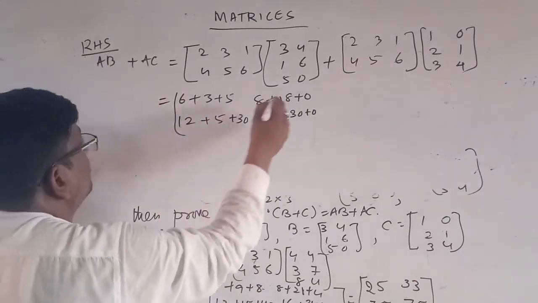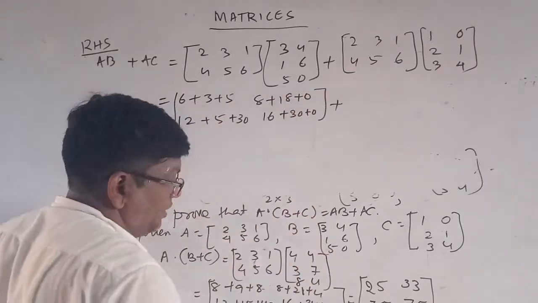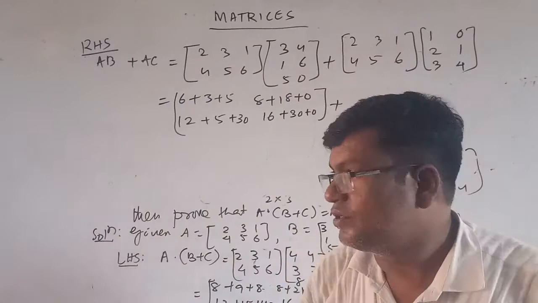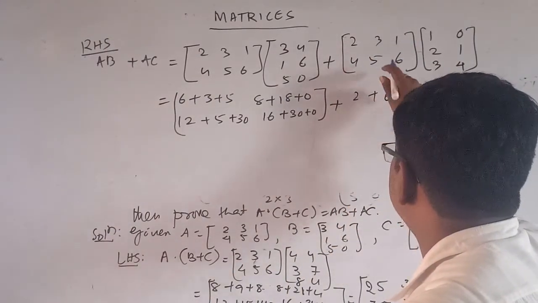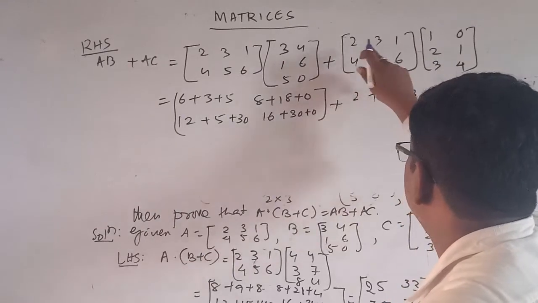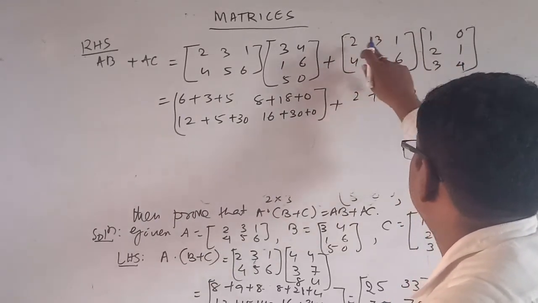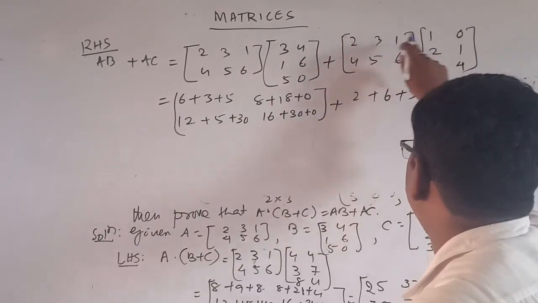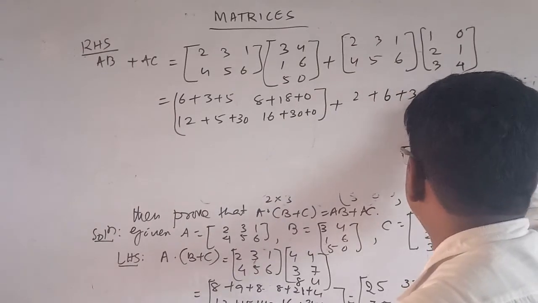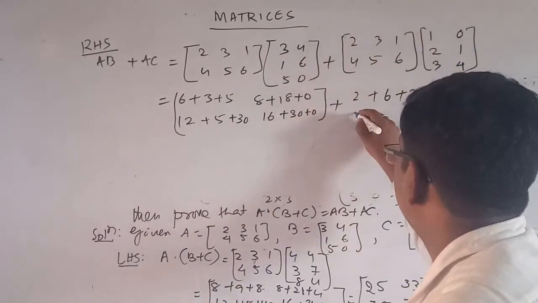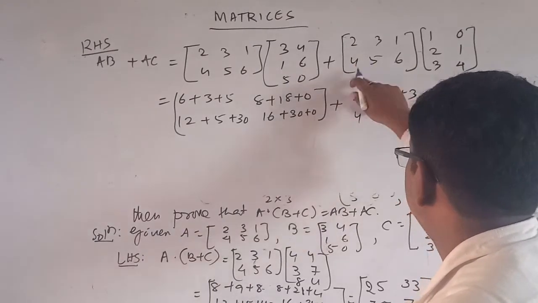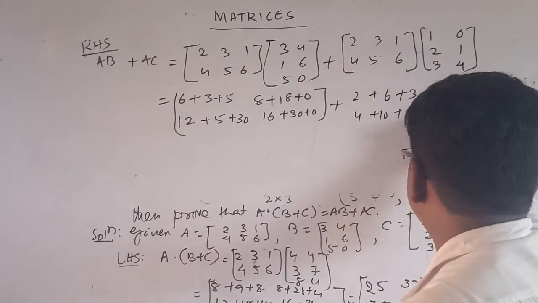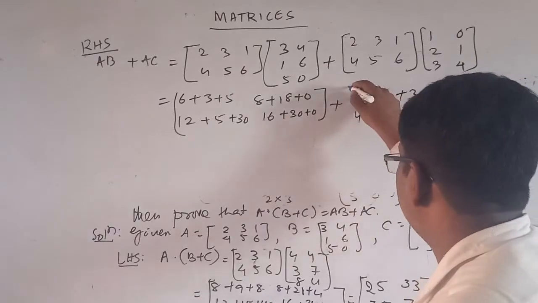So this is equal to, plus, multiply this again. So what happens here? 2 plus 6 plus 3. 0 plus 3 plus 4. 4 plus 10 plus 18. 0 plus 5 plus 24.